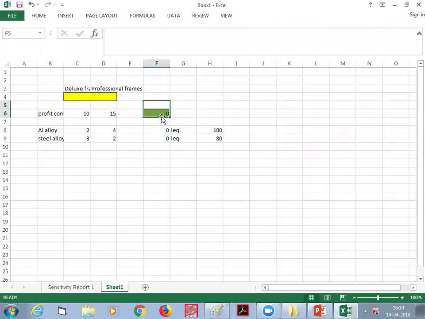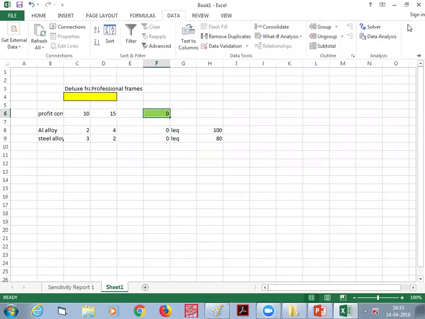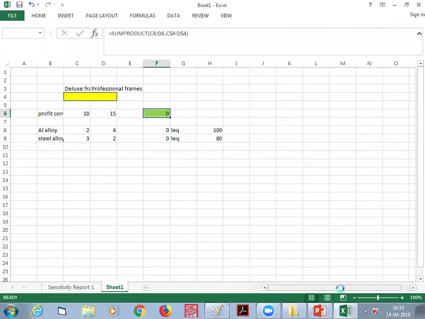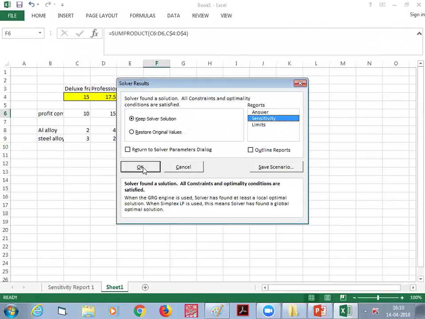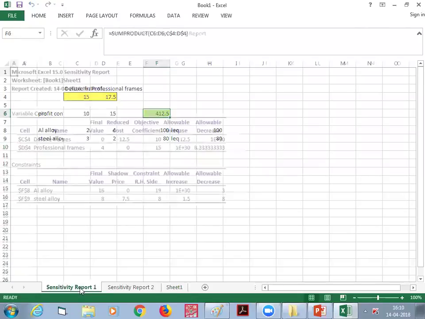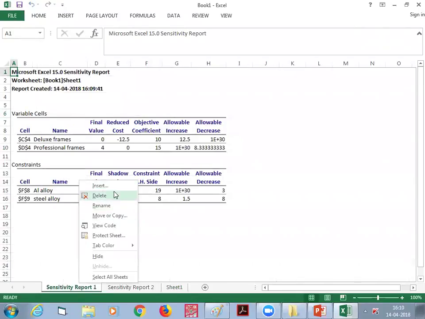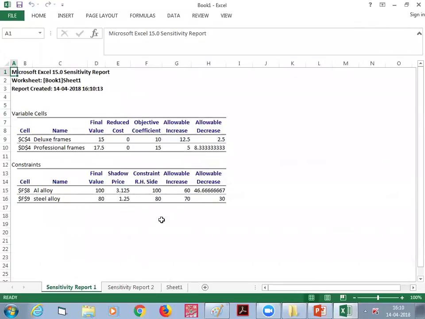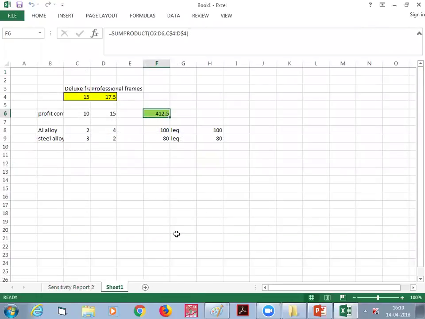All right. So now we're ready. Now we're really ready. Okay. So solve. And what do we get? Oh, anyhow, all right. This is wrong. Okay. So what do we have? So we produce 15 deluxe frames and 17.5 professional frames, and our total profit contribution is 412.5.